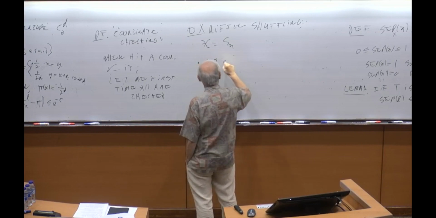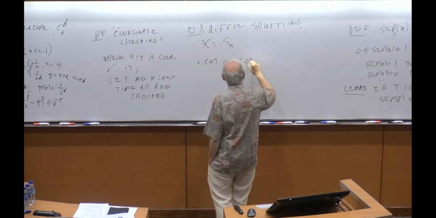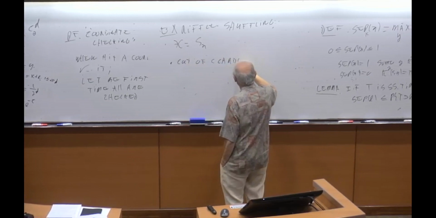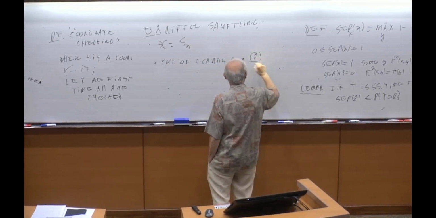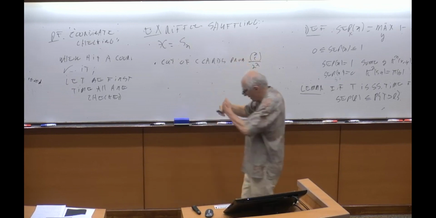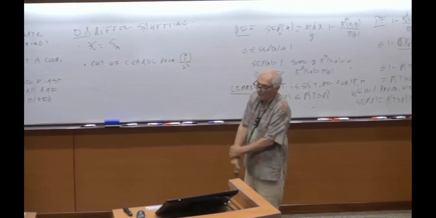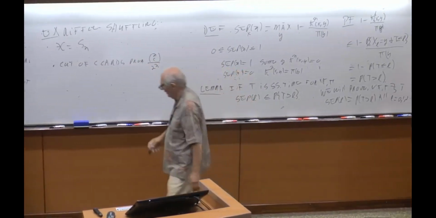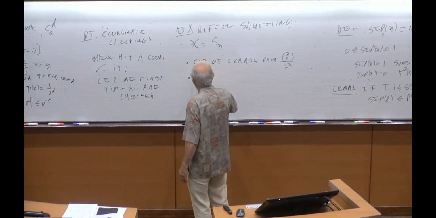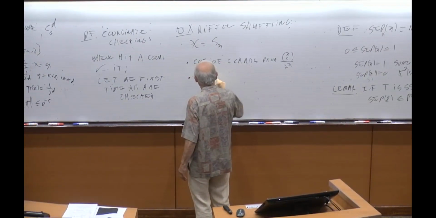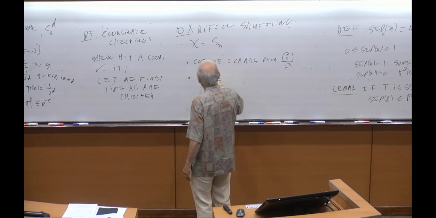Cut off C cards, about half, with probability n choose C over 2 to the n. That is, cut according to the binomial distribution, the bell-shaped curve, and now you've got your two packets, this is your left hand, this is your right hand.